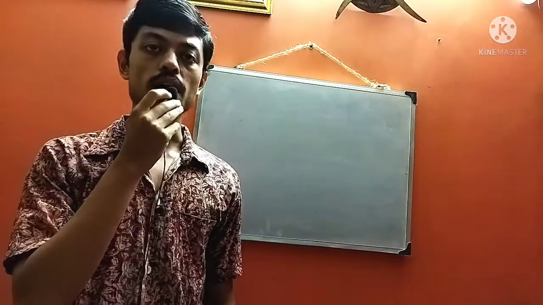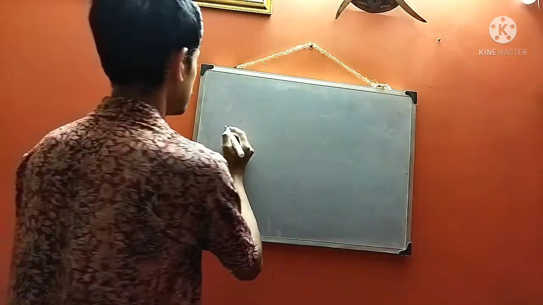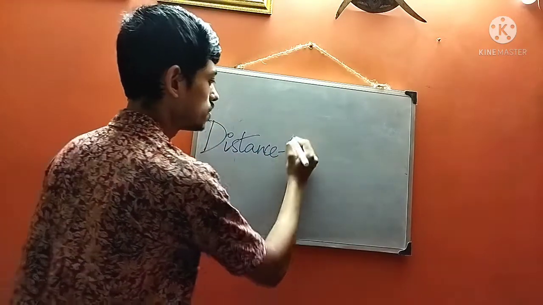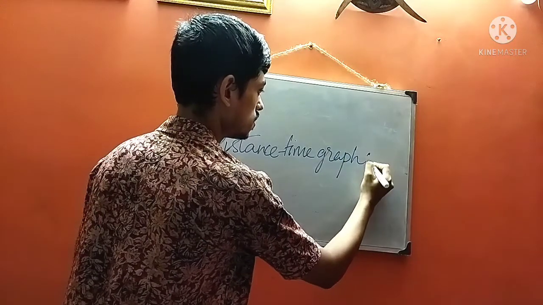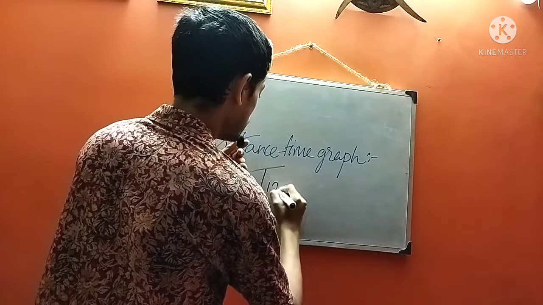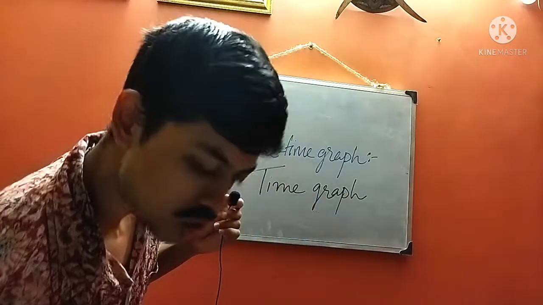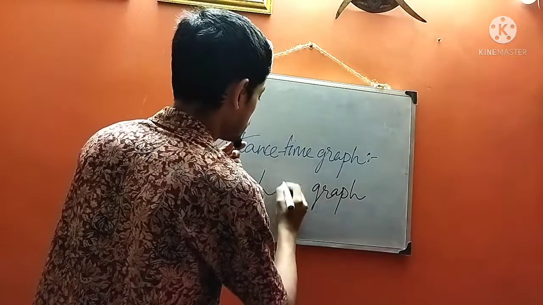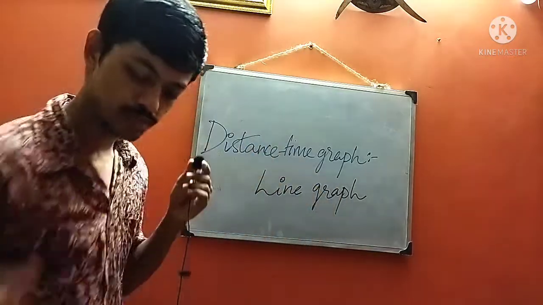The distance time graph is a line graph. What is the distance time graph, students? Sorry students, it is a line graph. So the distance time graph is a line graph.